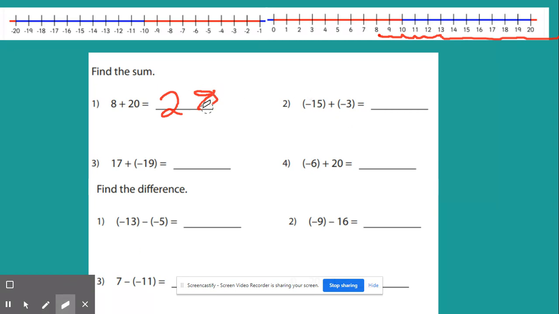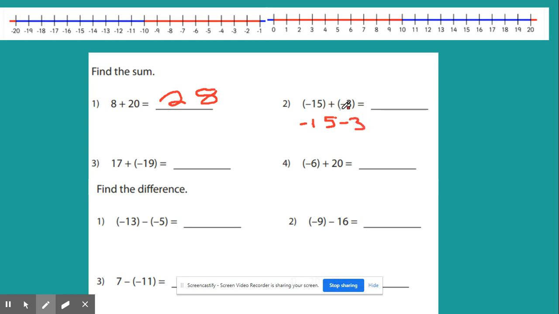Now, the sloppy handwriting is getting to me a little bit. Okay. Now, let's make sure I'm in the right spot. 28. Perfect. Okay. Now, this next one tells you -15 plus -3. Now, this right here is the same as -15 minus 3.